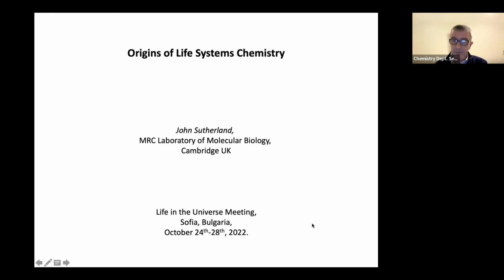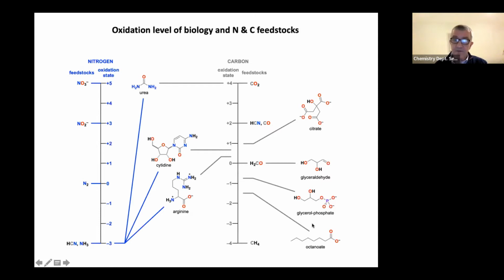So without any further ado, let me start by considering the sorts of feedstocks you might have available on the early planet and whether those feedstocks would be suitable for the synthesis of molecules destined to become biological. If you look at these molecules displayed here, representative examples of biological molecules, you'll notice that they contain multiple carbon atoms bonded to each other, as well as heteroatoms such as oxygen and nitrogen.